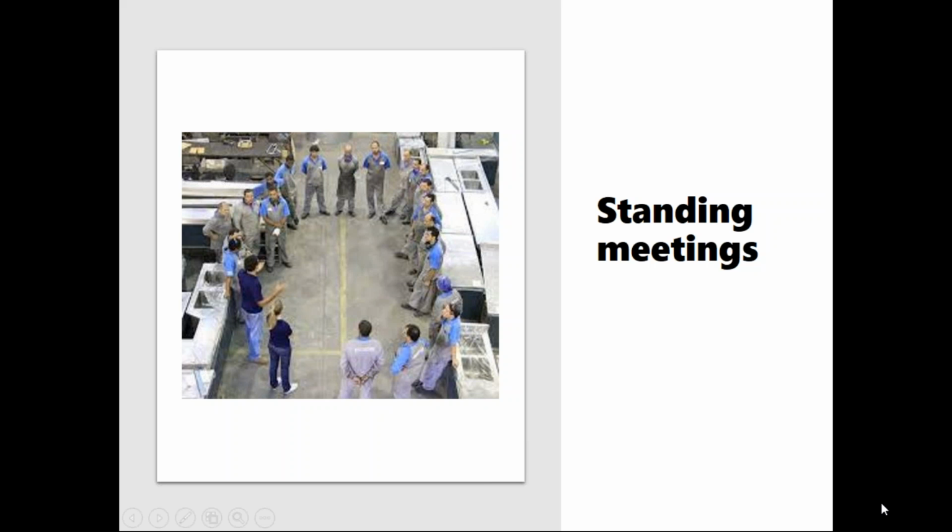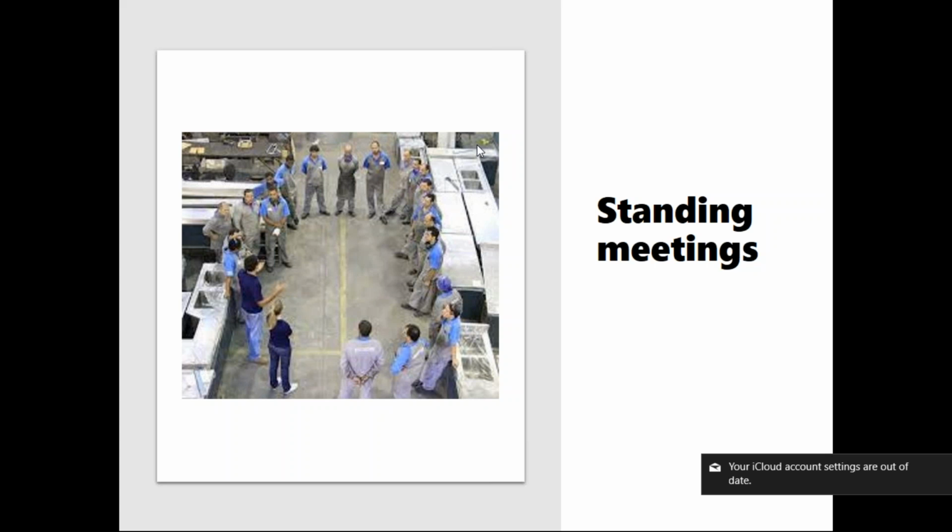Now, I know some of you are working in outdoor environments, and I think standing meetings are brilliant. They're brilliant because when you have a standing meeting, what you're doing in effect is shortening the meeting considerably. By having everybody stand while you have a quick briefing for the day's activities, say in a production area or whatever, you will find that you will shorten the meeting significantly.